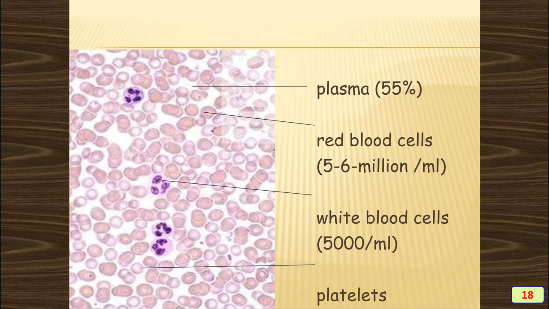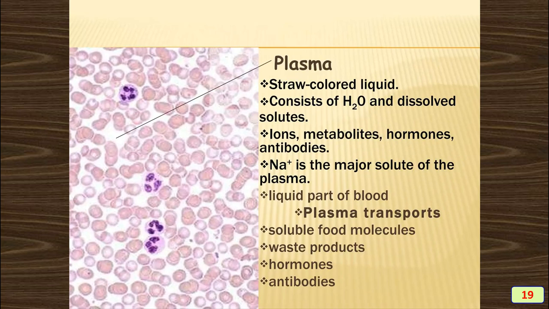The RBCs are in millions, whereas the WBCs are in thousands, followed by the platelets, and they have their own number.